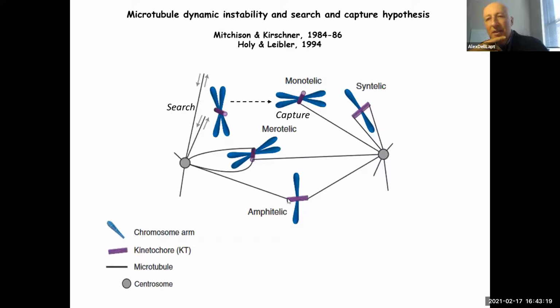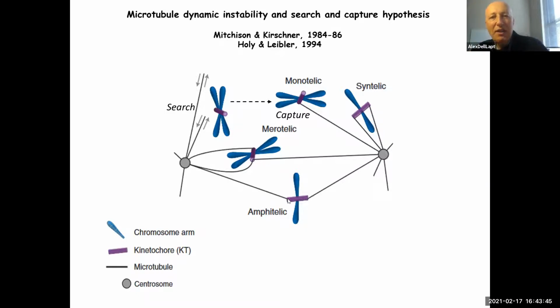The first model of search and capture was actually proposed by Terrell Hill in the mid-80s, who was collaborating with Kirschner. But his paper was so unreadable. It was basically 150 pages, dense with equations, with very little words, which nobody could understand, so it's largely forgotten.